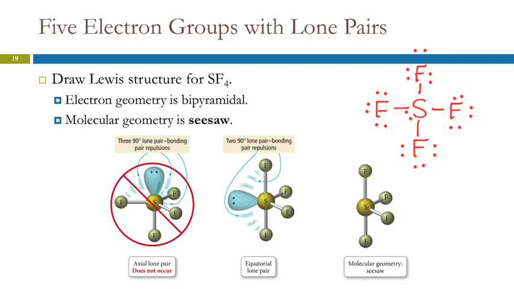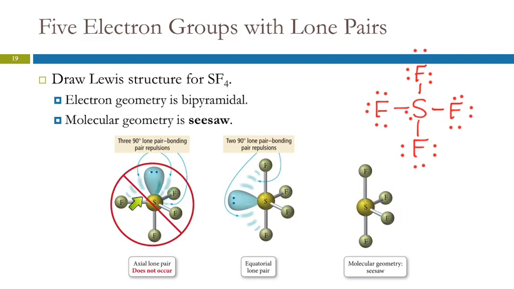5 electron groups make the trigonal bipyramid. In the trigonal bipyramid, the positions are not all the same. The ones around the middle, the equatorial balloons, have more space from their neighbors than the axial with the equatorial.